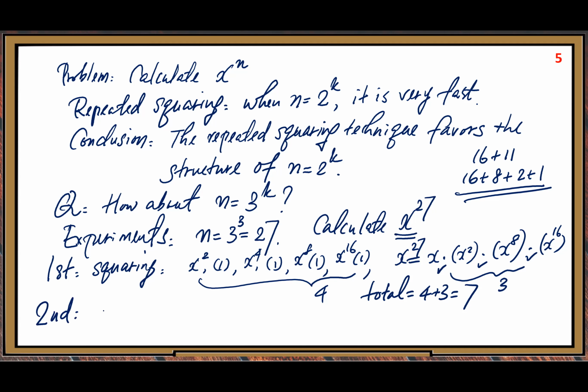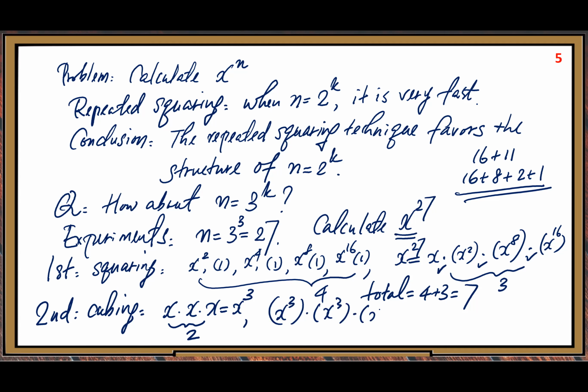Second, cubing this time, because we know cubing matches the power of 3 structure. So we should do much faster. x times x times x equals x cubed. Here we need 2 multiplications. Then x cubed times x cubed times x cubed equals x to the 9th, another 2.